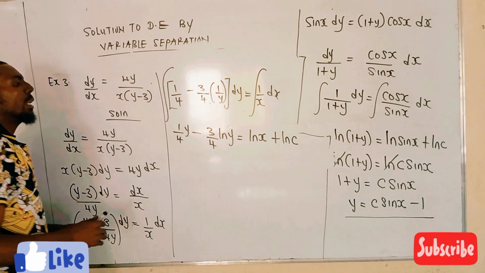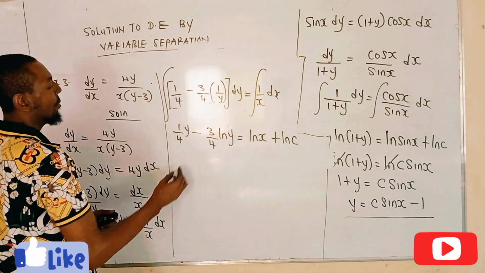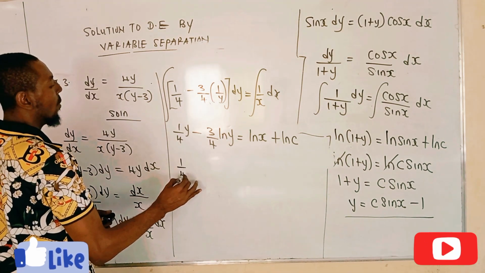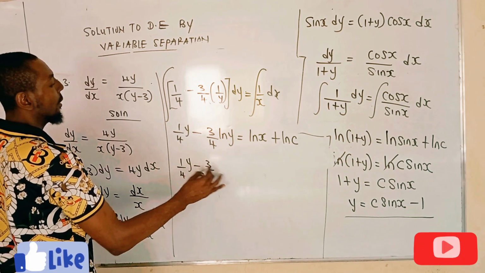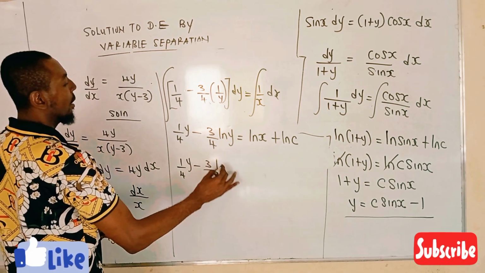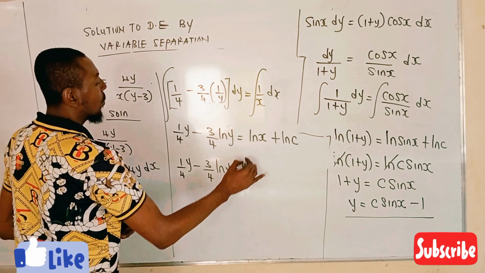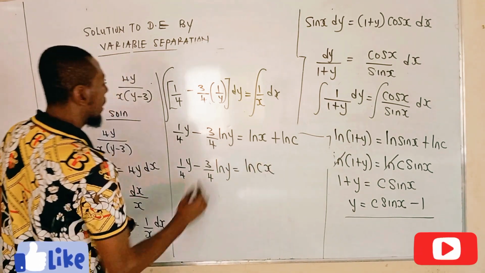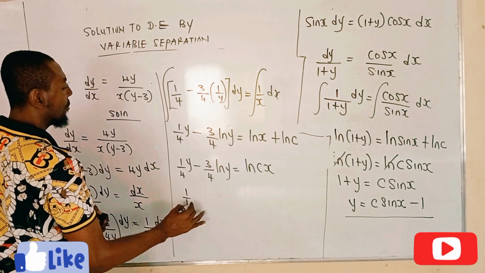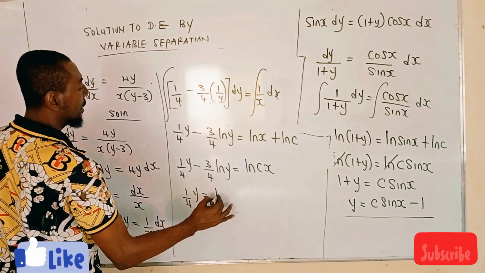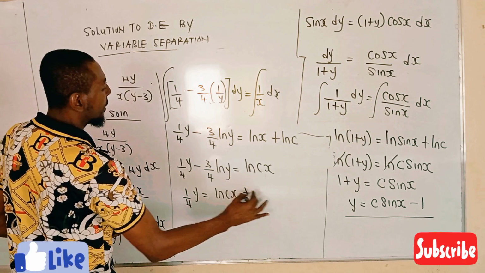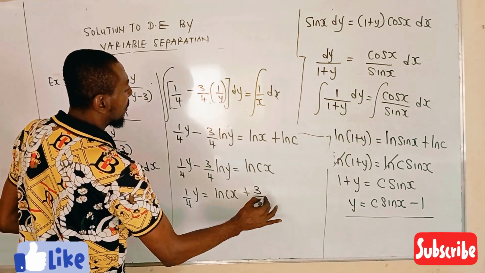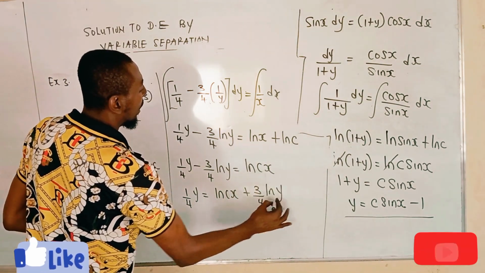With this, I can have y over 4 minus 3 over 4 ln y is equal to ln cx. So I can take y over 4 is equal to ln cx plus 3 over 4 ln y.